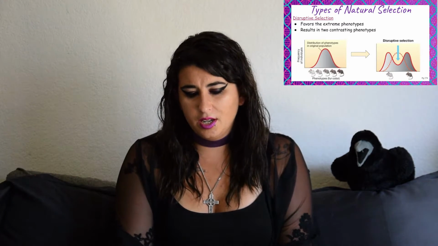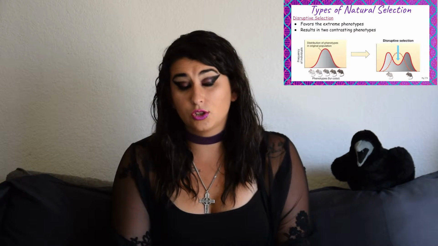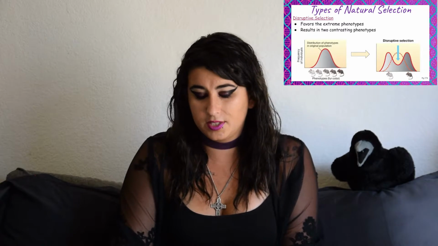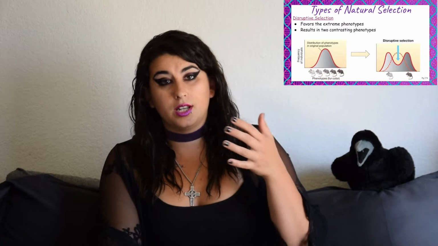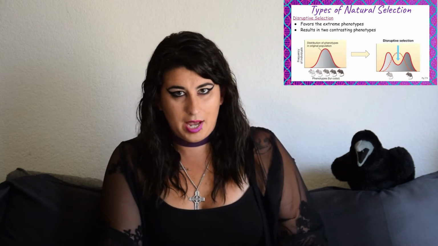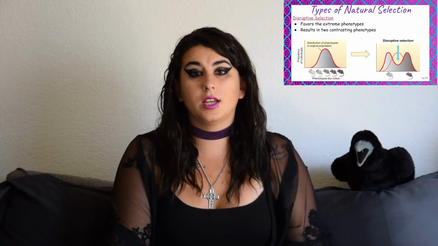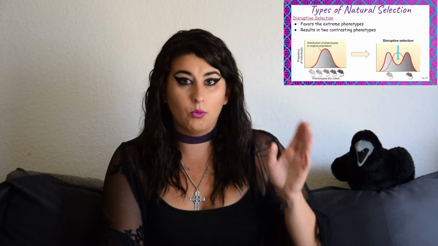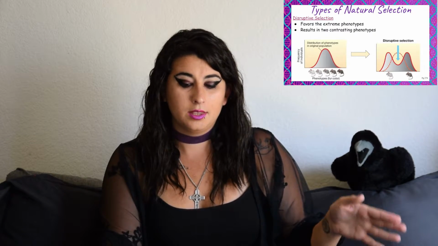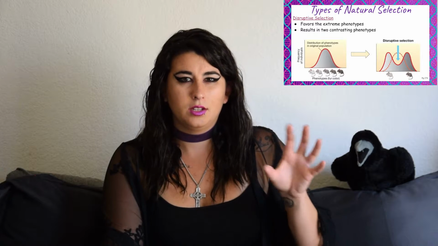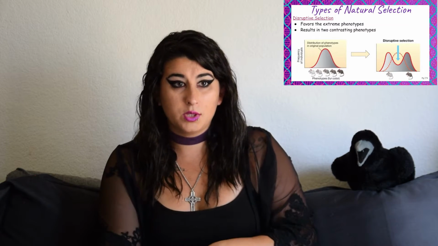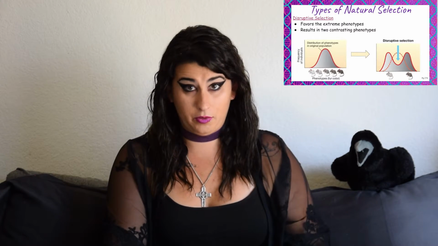And honestly, the big thing to remember between these three types of selection is just being able to tell the difference between them and understanding what makes them happen. Understanding that directional selection, one extreme is lost. Stabilizing selection, both extremes are lost. And disruptive selection, the two extremes are very much amplified.